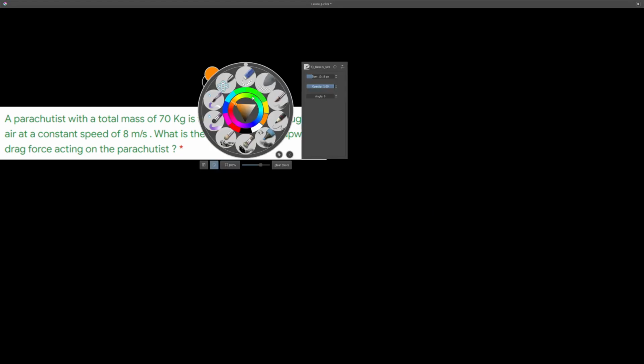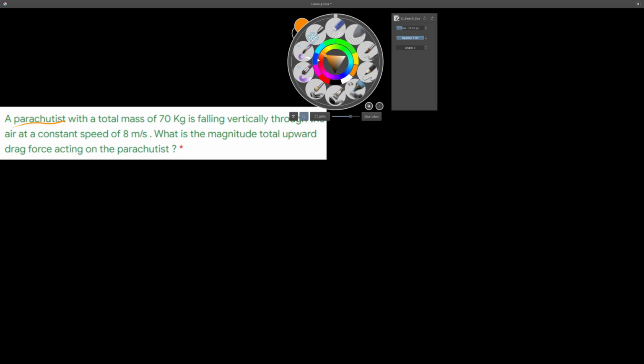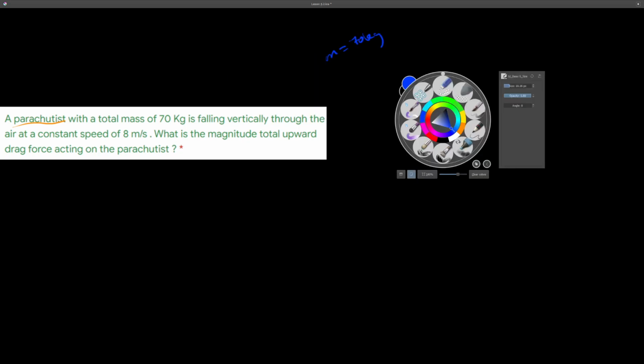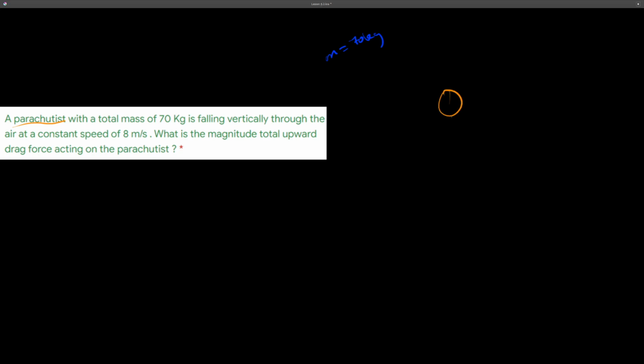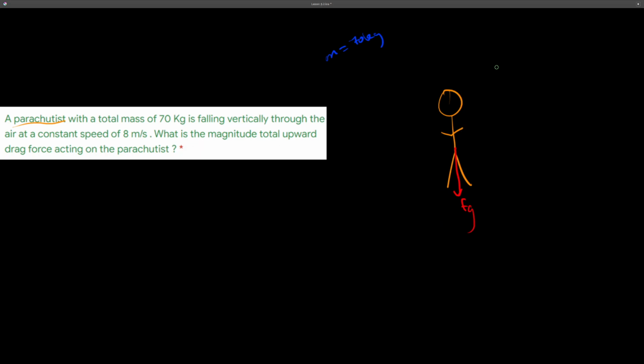So for this final question, we have a parachutist with a mass of 70 kgs, and we can draw him. Here he is. And he's falling vertically, so there's Fg downwards, at a constant speed of 8. So velocity is going to be 8.